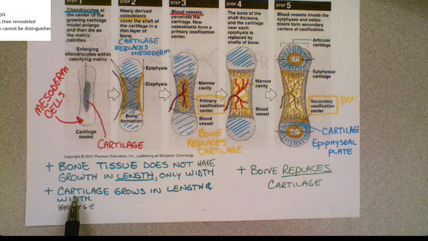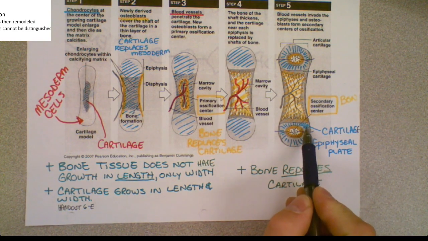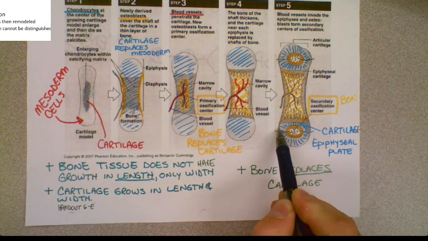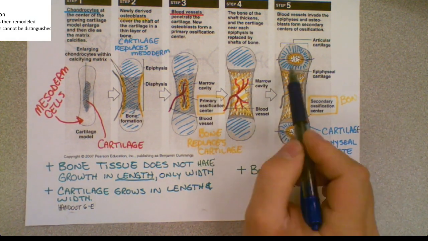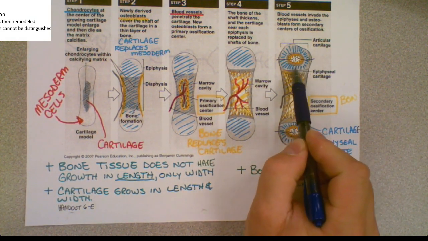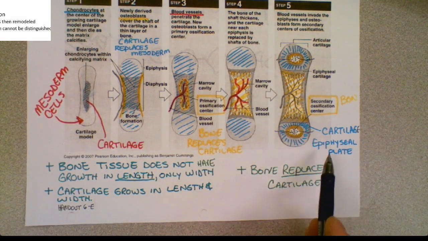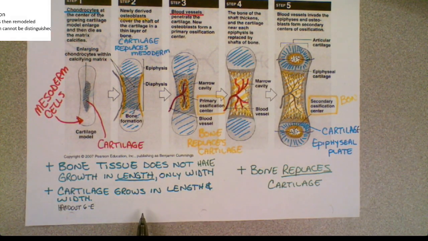It's the cartilage that grows the bone longer. That's why our epiphyseal plates, these growth plates, still have cartilage. So this cartilage becomes our growth plate.